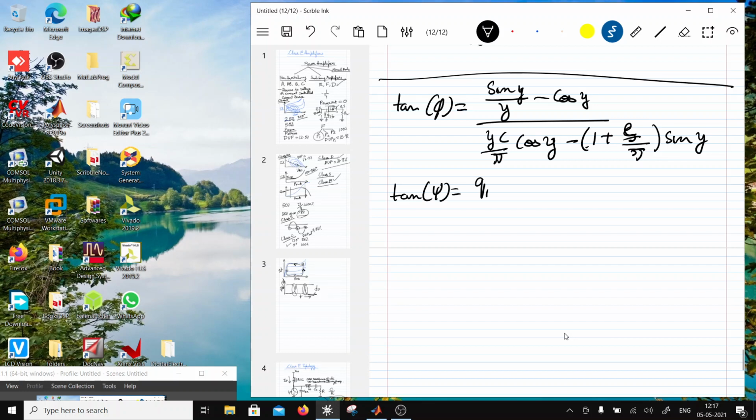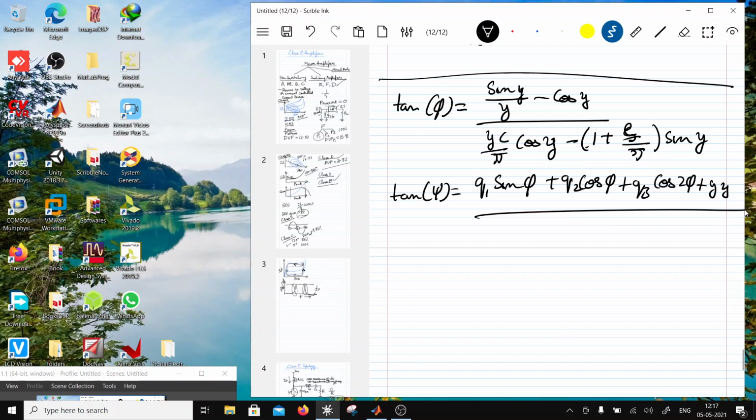It will be q1 sine of phi plus q2 cos of phi plus q3 cos of twice of phi plus g y divided by q3 times sine of phi, plus q2 sine of phi plus q3 sine of twice of phi minus q1 cos of phi.